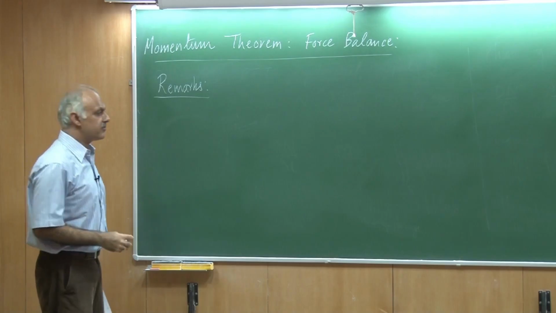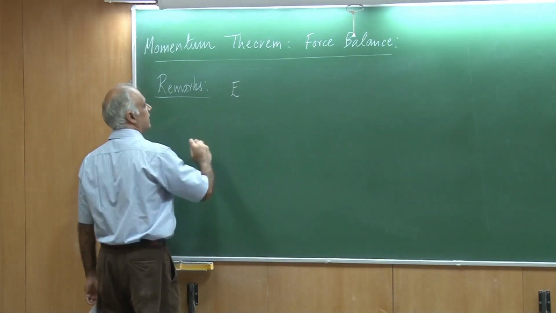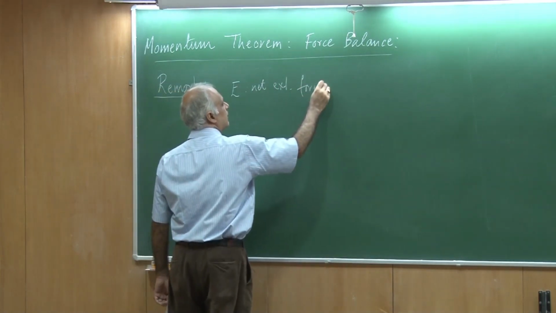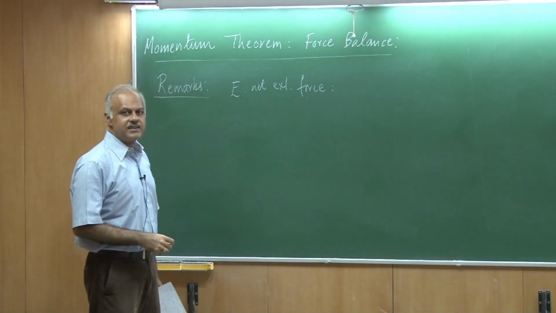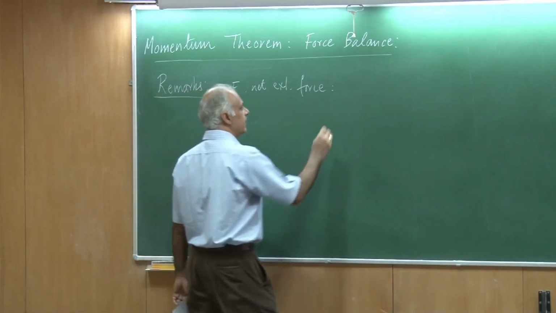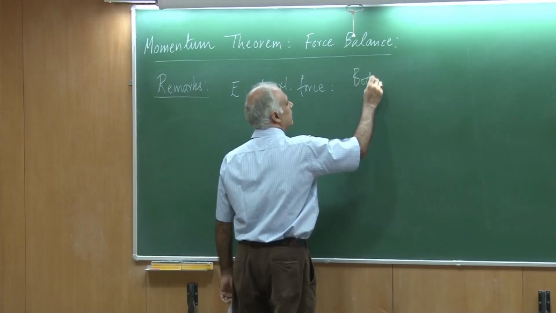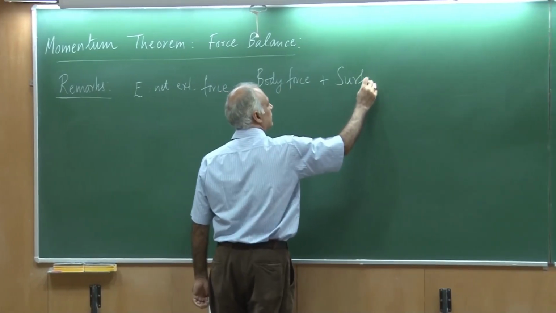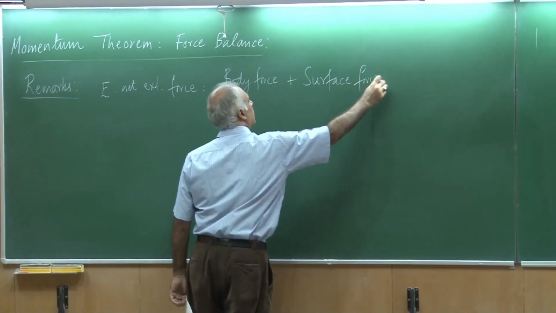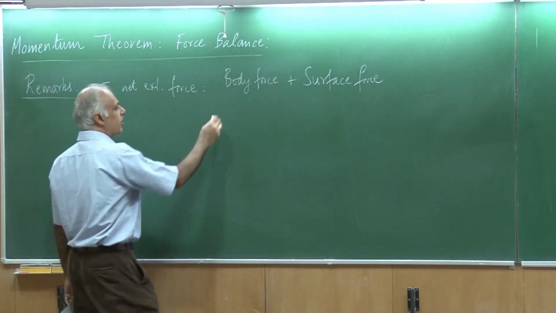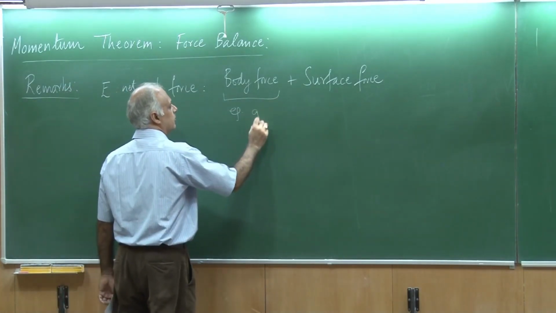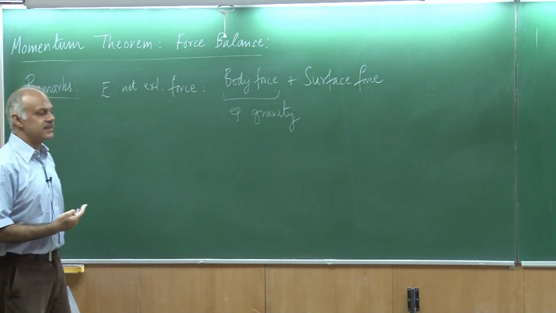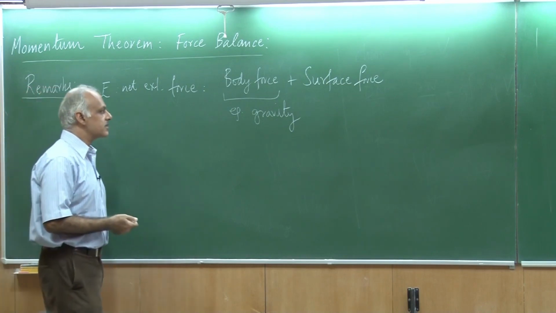First, about the force F. F is the net external force, but recall we have done this in the earlier part of the course. There could be 2 components to it. There could be a body force plus there could be a surface force. Examples of body force could be due to gravity. For example, the weight of the fluid inside a control volume could constitute a body force.